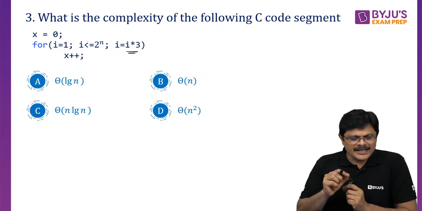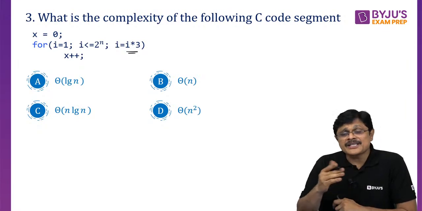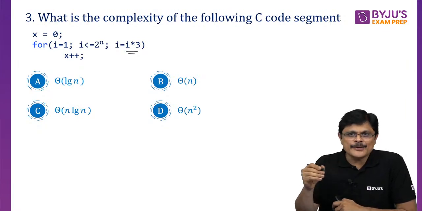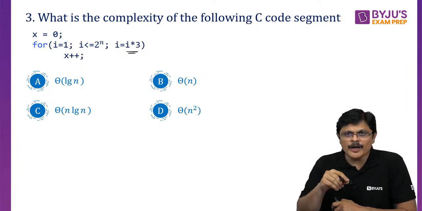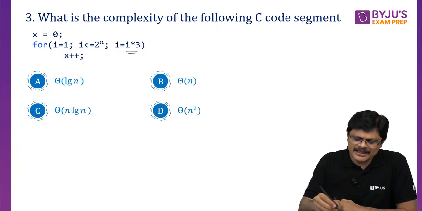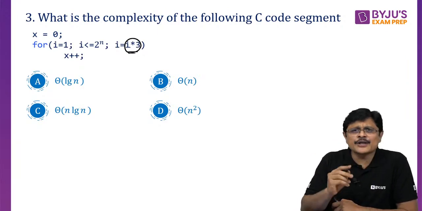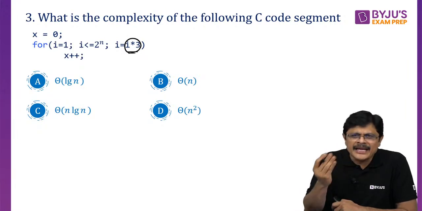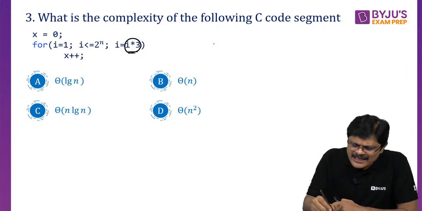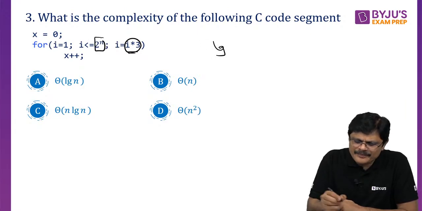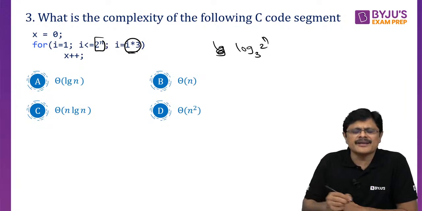See, if you want, we can understand this in the way we understand the regular derivations. That way also you can prove this. So I'll prove that way also, or you can use the logical method, because whether it is i equals i into 2 or i into 3 or i into any constant, the answer would be log of this number. Maybe in this case it would be log 2 power n to the base 3.